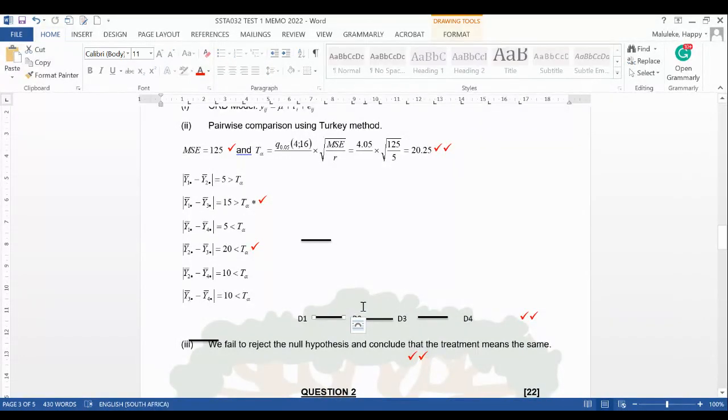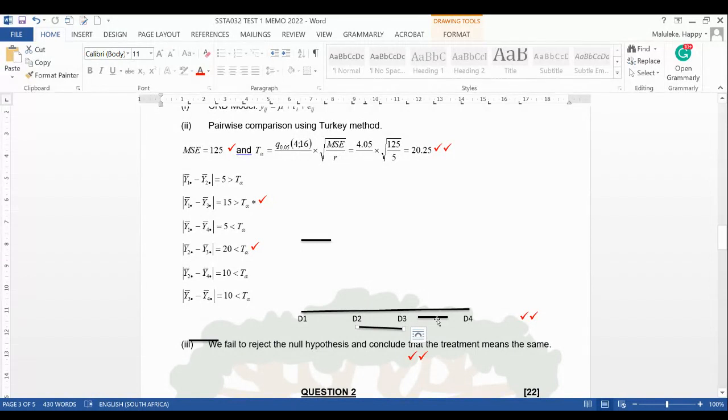Now we focus on mean 1 and mean 4. If you join the lines, mean 1 and mean 4, you say they're the same, right? There is a line to represent mean 1 and mean 4 because we're saying it's less than. Mean 2 and mean 3, you are simply saying this one is not the same.